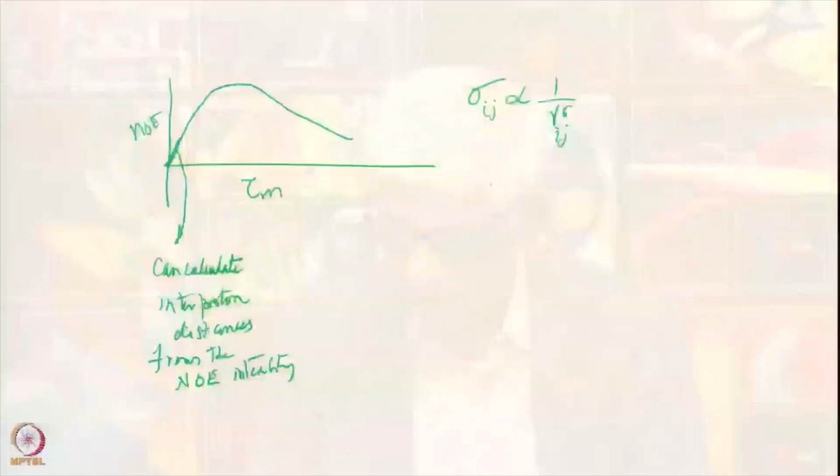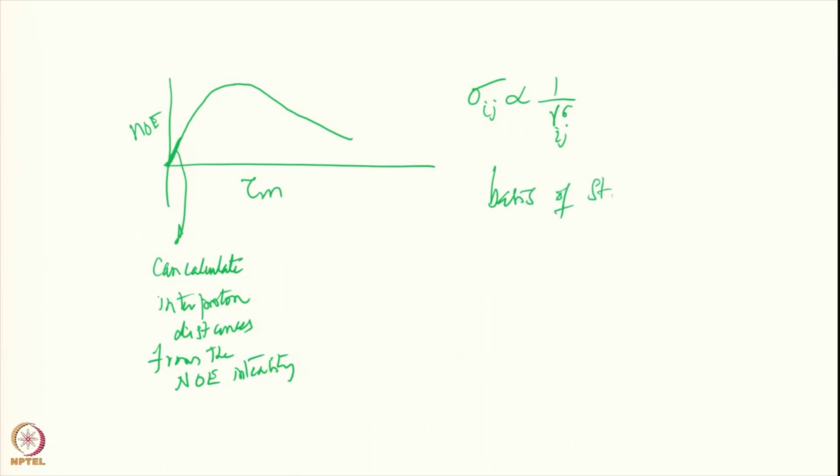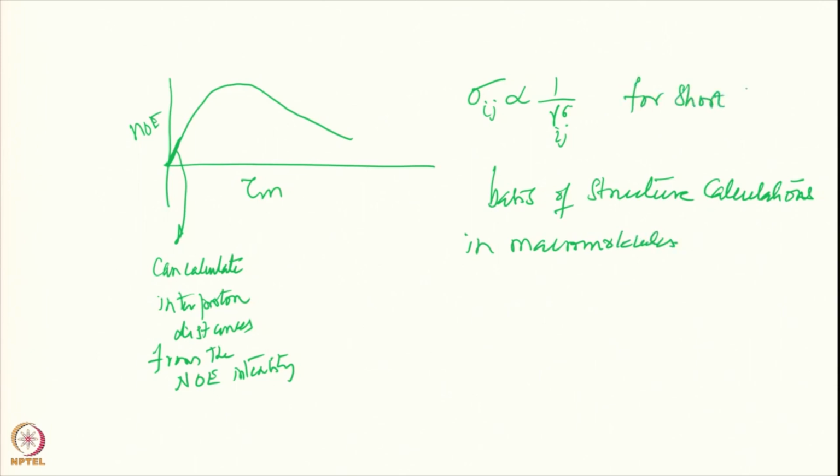And this is the basis of structure calculations in macromolecules. This is for short tau m, and there it is restricted to the near neighbor interactions only.